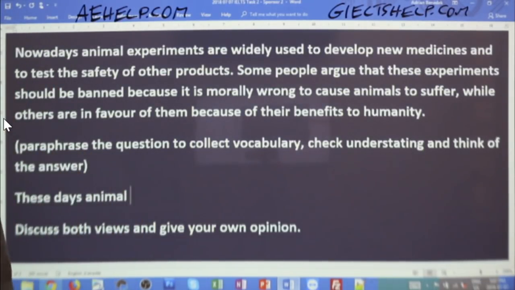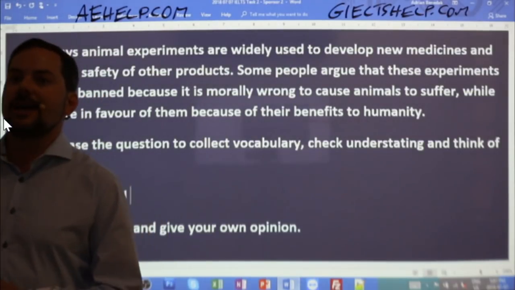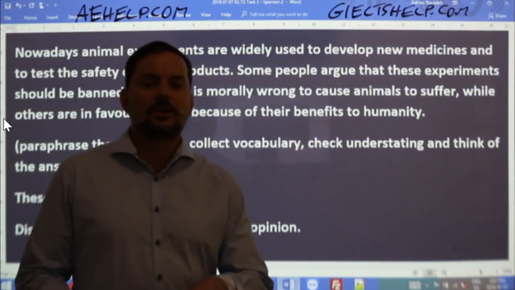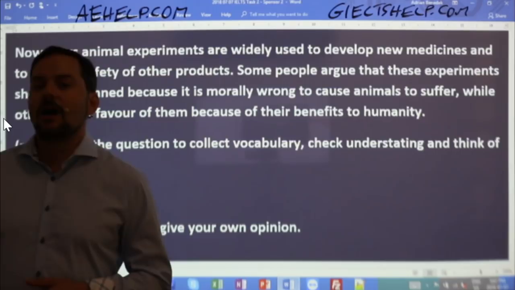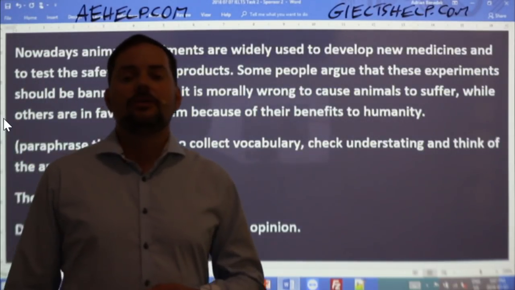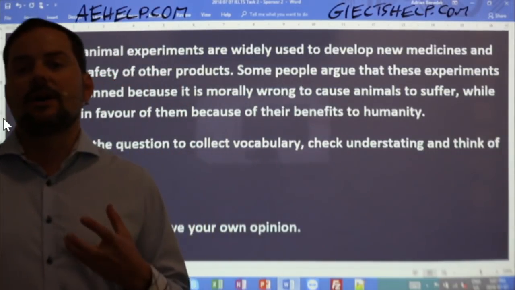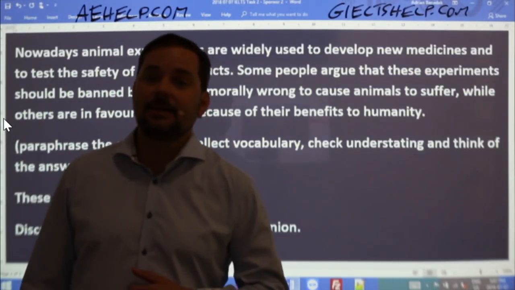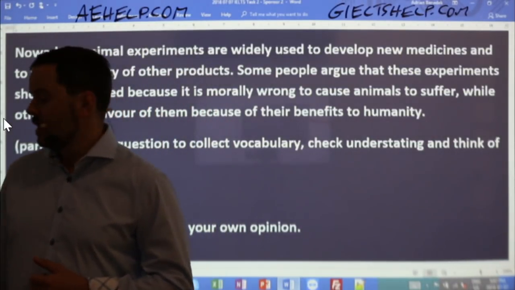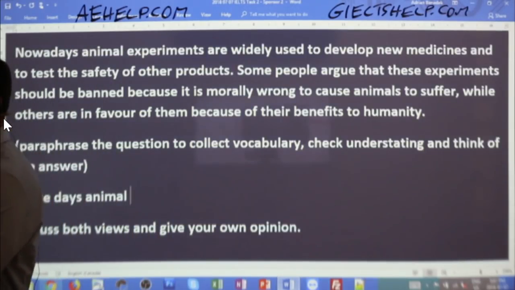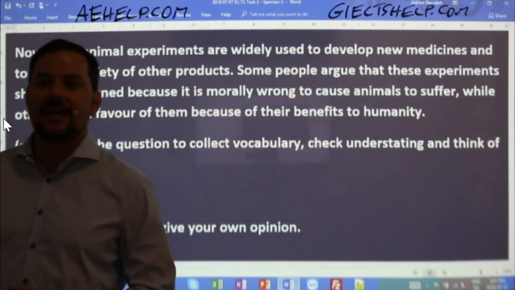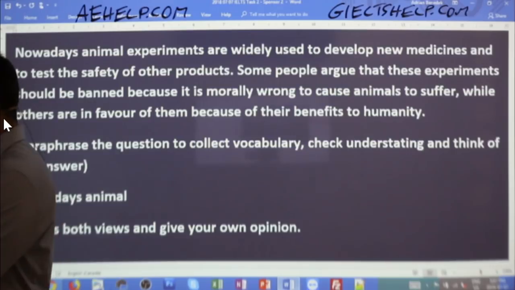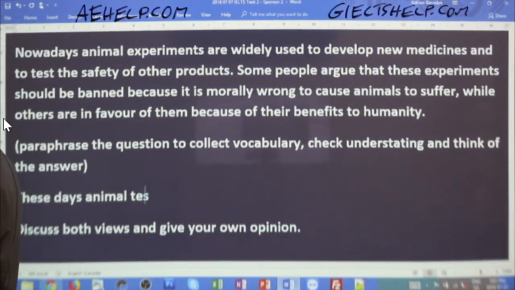So start paraphrasing this, Mohammed, Manisha, Arcana, as much as you can. It's definitely good to focus in on this specific idea and to come up with some good vocabulary to use in your writing. So these days, animal, what's another way to say experiments? Testing is good, yeah. Animal testing.